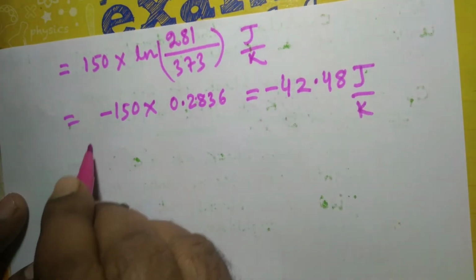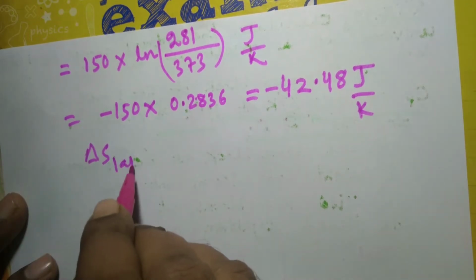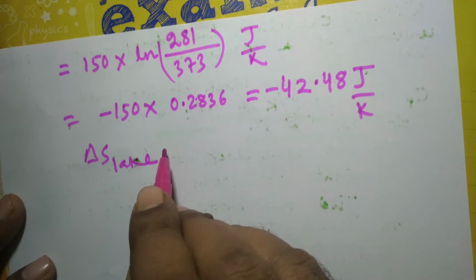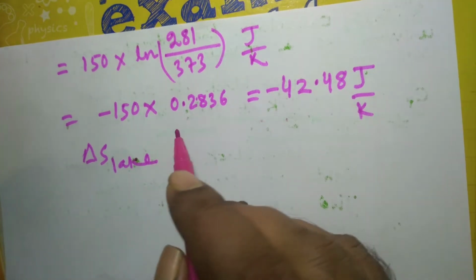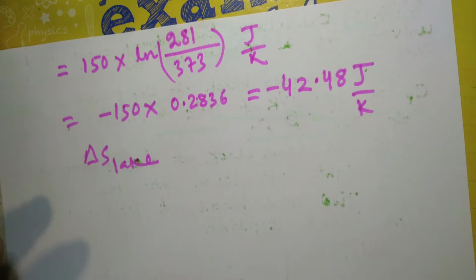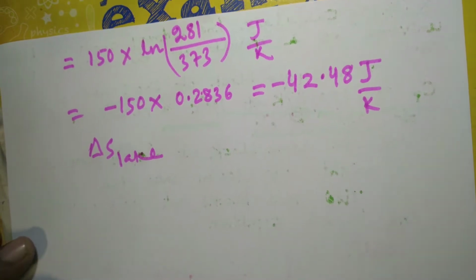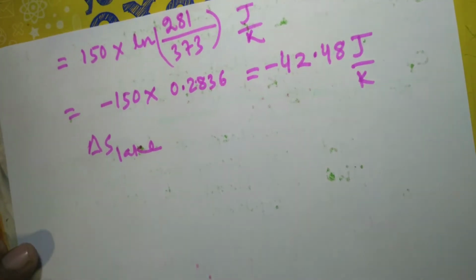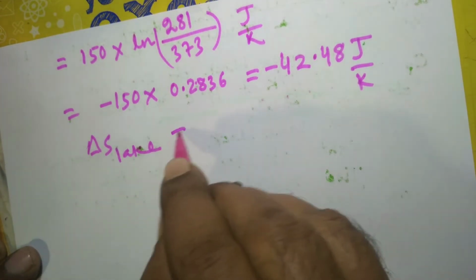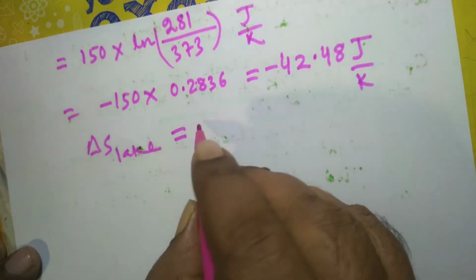Now the entropy change of the lake. As the temperature of the copper block decreases from 100 to 8 degrees Celsius, some heat is lost by the copper block, and that heat goes to the lake. So the entropy of the lake will increase, but the temperature of the lake remains constant.